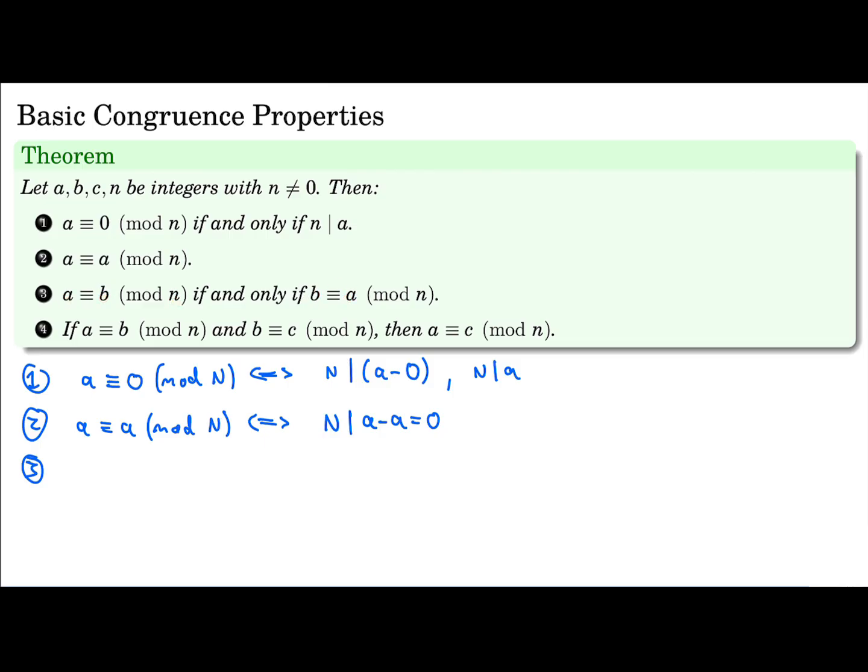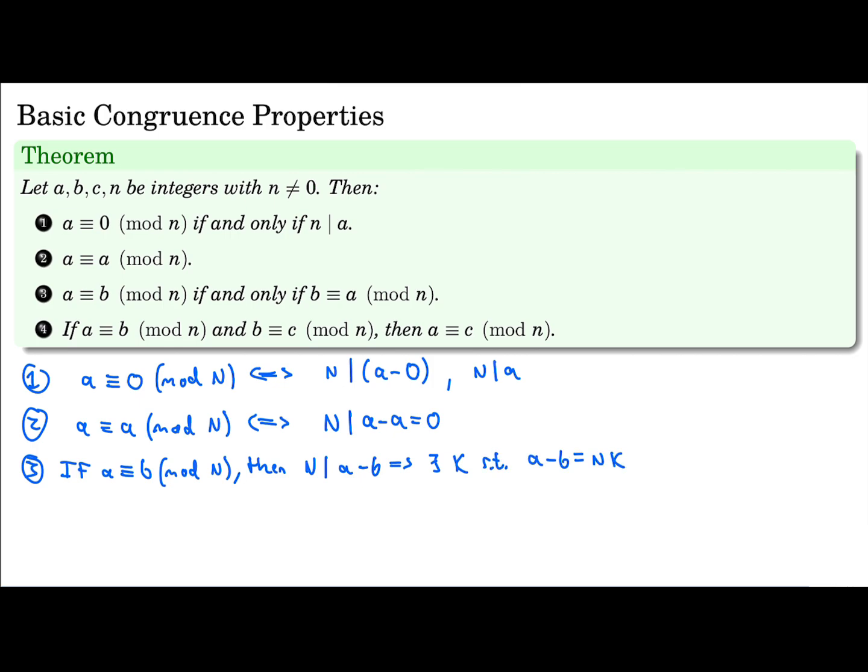But we can look at that from the definition. So if A is congruent to B mod n, what this means is that n divides A minus B, which means that there exists some k such that A minus B is equal to nk.